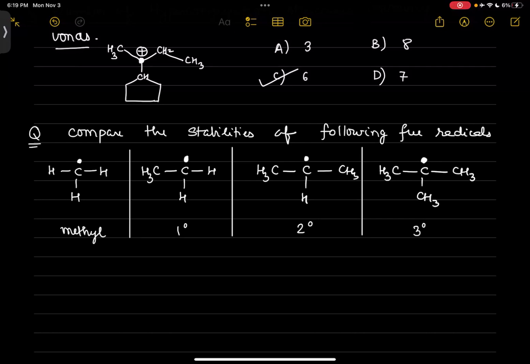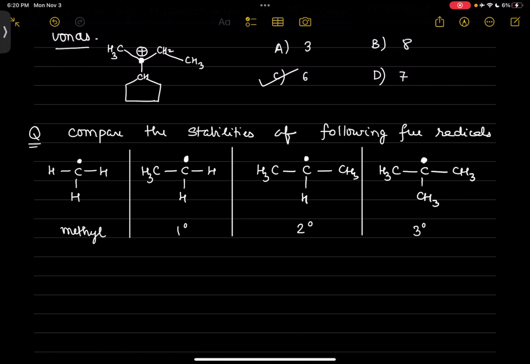What effects can CH3 groups exert on this free radical? Maybe the third degree one will be the most stable, because more tertiary carbon atoms are present.